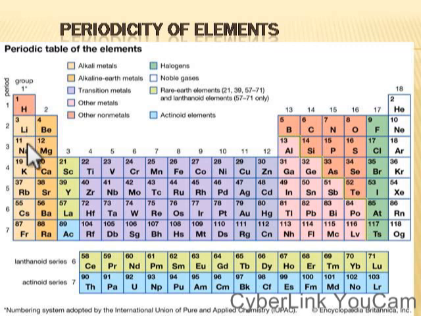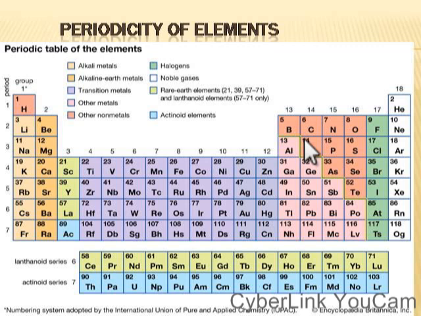If you look at the horizontal relationship, that is across the period, if you are moving from sodium to aluminium, you will see that across the period there is a continuous variation in the electronic configuration of these elements, which leads to the variation in their physical and chemical properties, because electrons enter into different s and p orbitals.